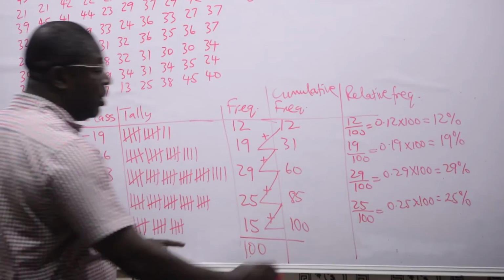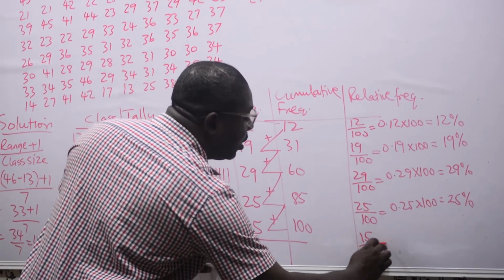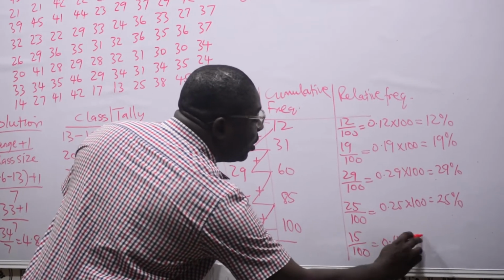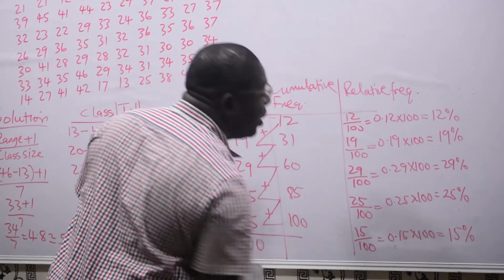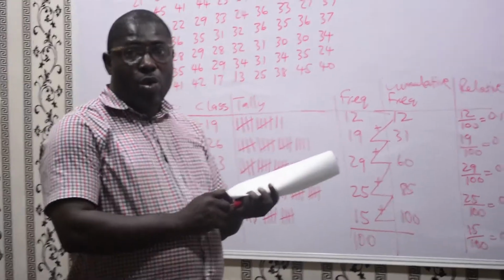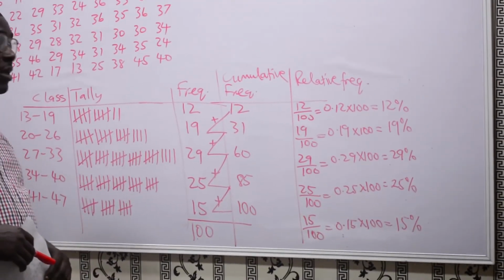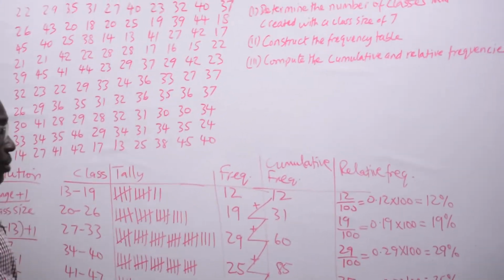And last but not the least is 15 divided by 100, which gives us 0.15 times 100. This will give us 15%.